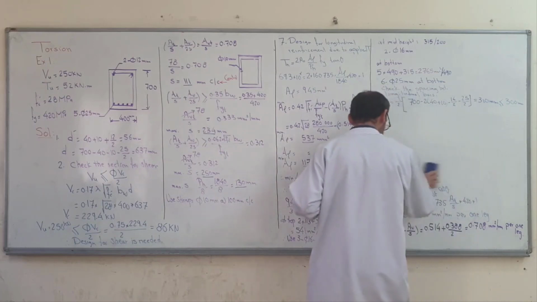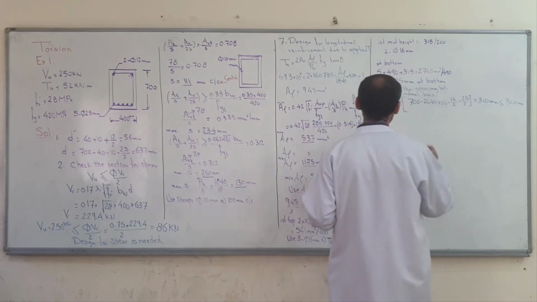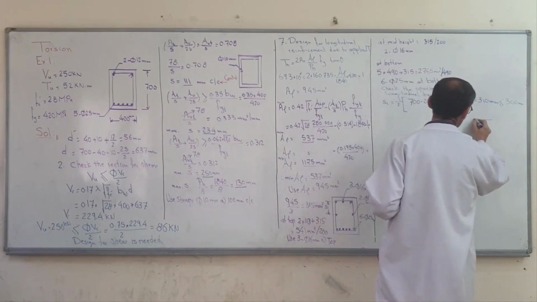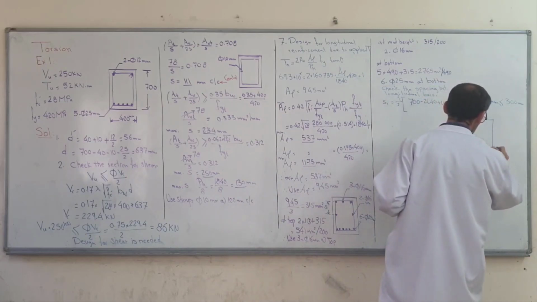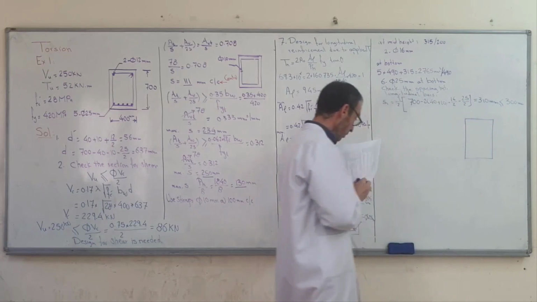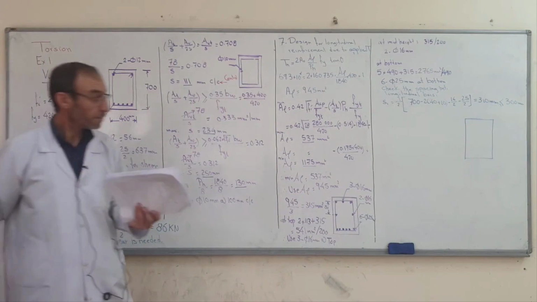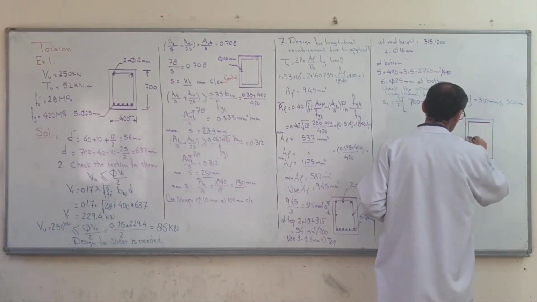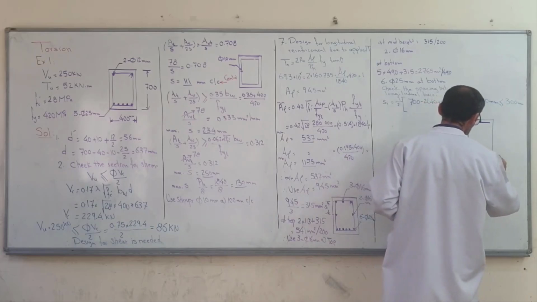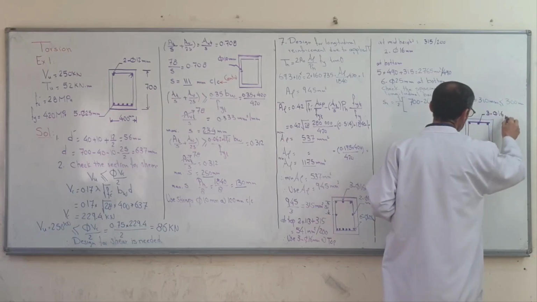Therefore what we do now is try to divide the section into more than 3 layers. The upper layers still have 3 Φ16 millimeters.